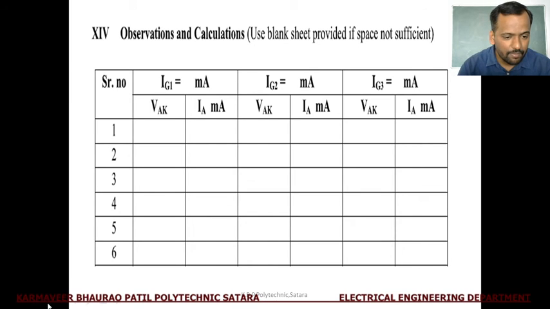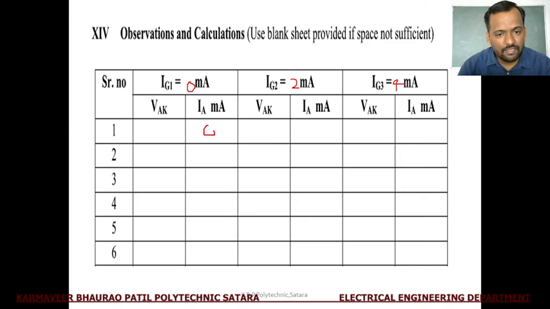Now in this table, first set Ig1, which is 0 milliampere or 2 milliampere or 4 milliampere. Then note readings of VAK and IA until the SCR breaks.